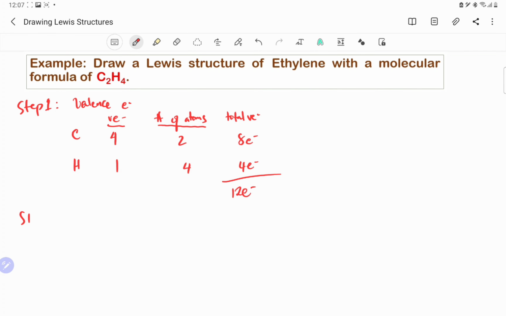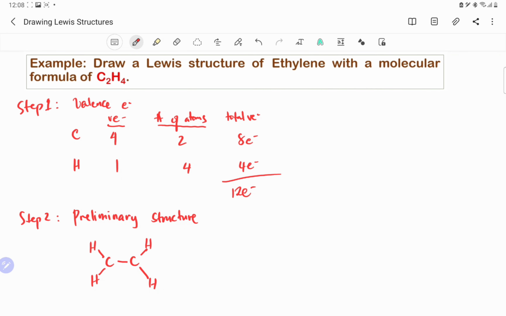So step 2, we need to draw a preliminary structure. Symmetrical, of course. So this is the most symmetrical structure that we can draw for ethylene. So you need to draw a single bond around it.